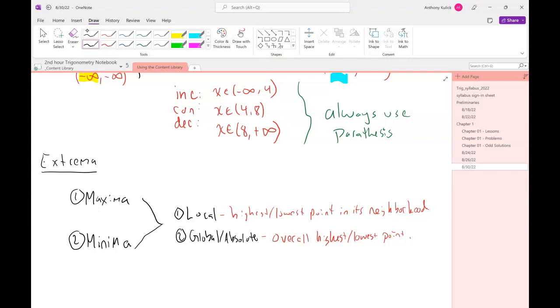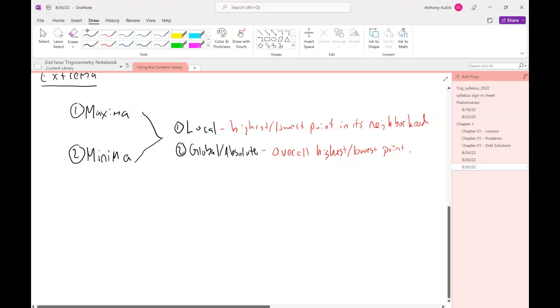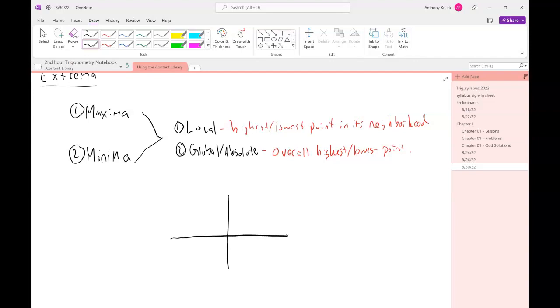So let's look at a couple of pictures here to kind of get used to these definitions. Sound okay to you guys? Okay. We'll sketch a little XY axis in here. Oh, and then my pen stopped working midway.